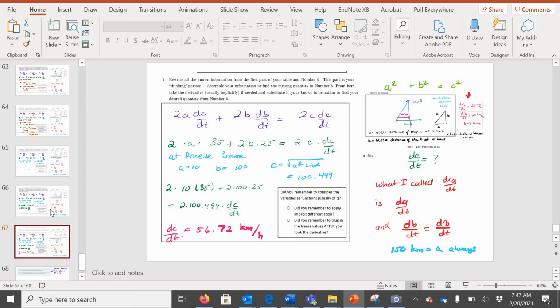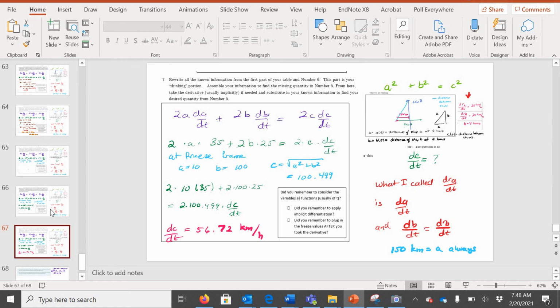If I just do the arithmetic in the division, I get dC/dt is increasing at 56.72 kilometers per hour. So that hypotenuse is stretching up at a rate of 56.72 kilometers per hour.